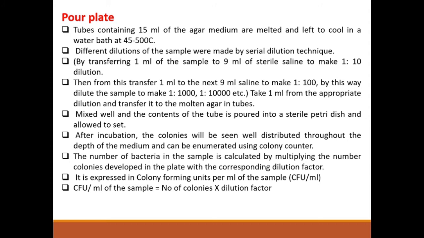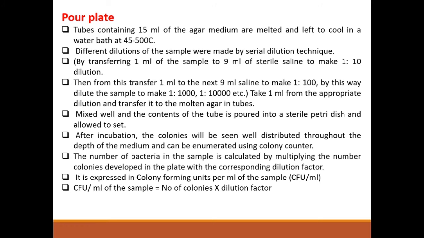It is not colonies and it is not organisms, it is colony forming units. Why are we using CFU? Because in bacteria, a colony develops not only from a single cell. In some situations the bacteria will be in chains or in pairs. So a colony may be produced from a single cell or from a group of cells, a chain of cells.